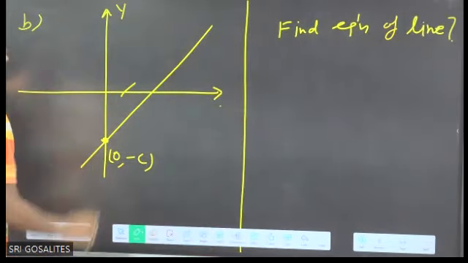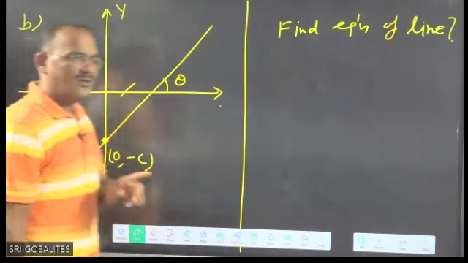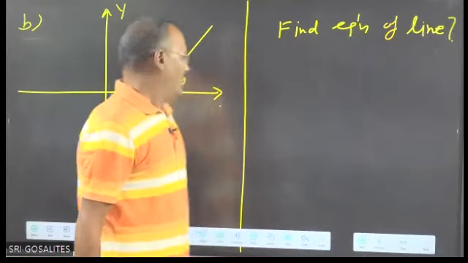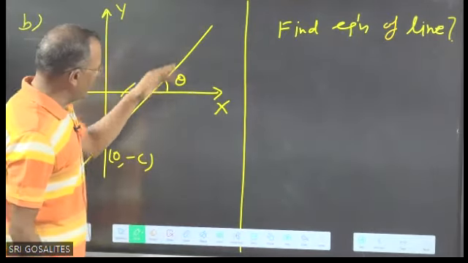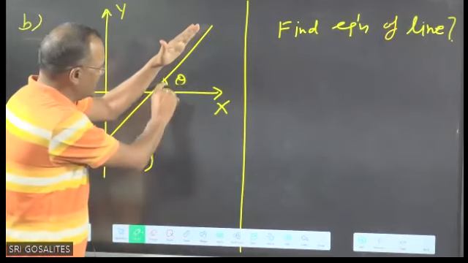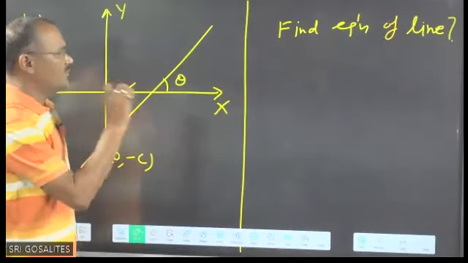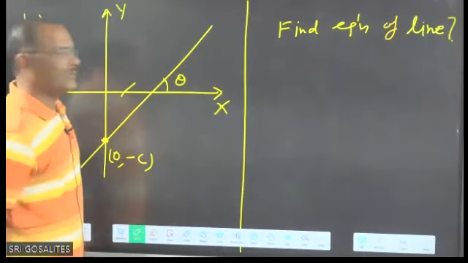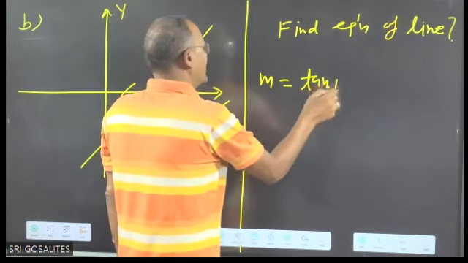So see, this is the line which is having the acute angle. Now please, all of you focus on this. X-axis. How is the slope? Acute angle it's making or not with the x-axis, right? Means slope is positive. Why we are calling the slope positive, beta? Because m is tan theta.